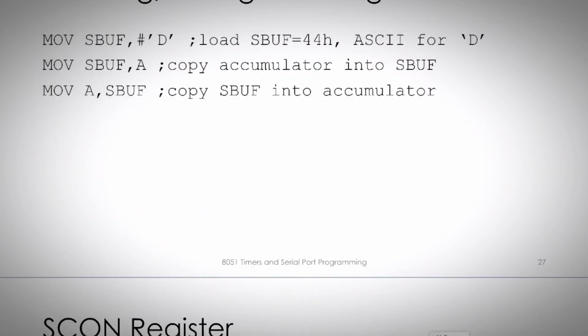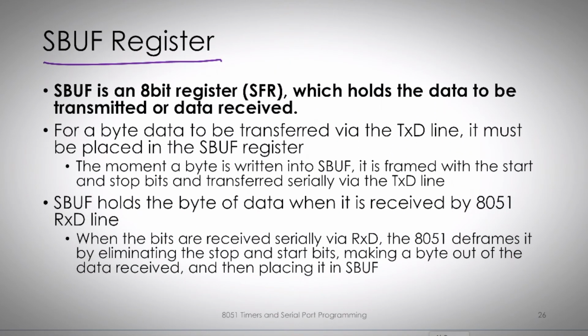These are the two registers associated with the serial communication. SBUF, as described here, is an 8-bit register which holds the data to be transmitted or the data which is received. So it is just holding some 8-bit data.